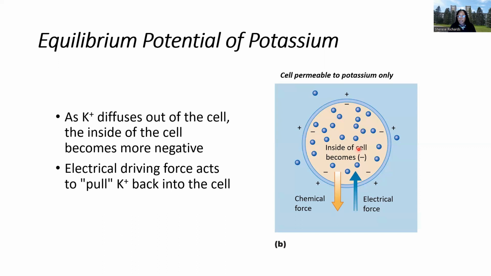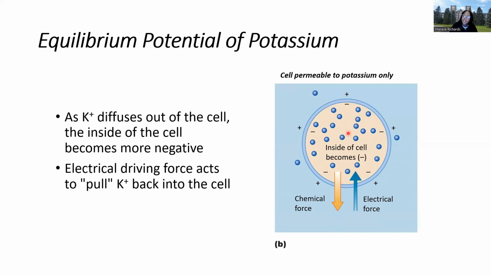Remember, potassium is positively charged, and because of its concentration gradient, it is now moving outside the cell. So it's going to begin to leave an unopposed negative charge on the inside of the cell. Those organic anions that we described previously are going to be left behind as potassium leaves the cell, and so they're going to start to create a negative environment on the inside of the cell.